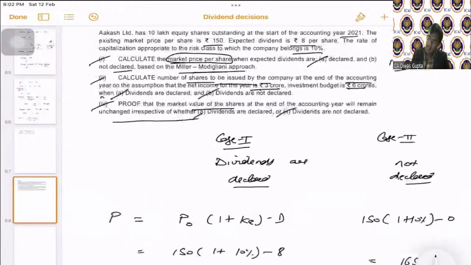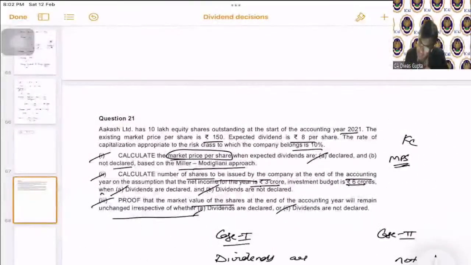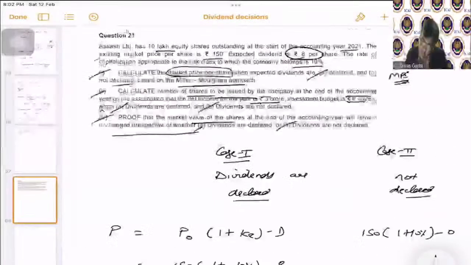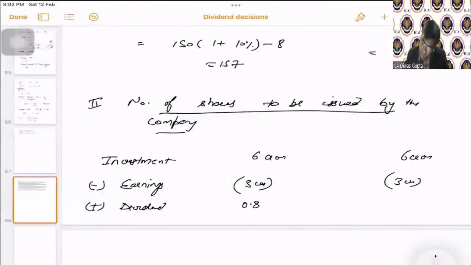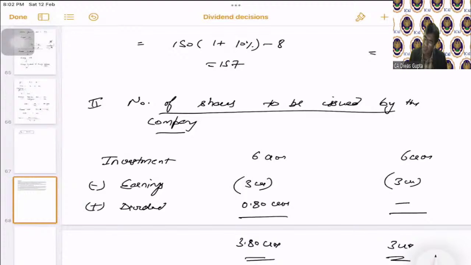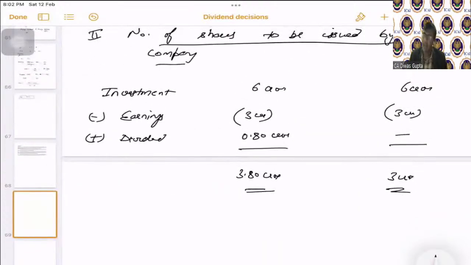In case 1, since dividends are declared, dividends will be 8 per share for 10 lakh shares, so 80 lakhs, 0.8 crore, and nil in the other case. Right, friends? This is 3.8 crores, and this is 3 crores. This is the investment required, right, friends?